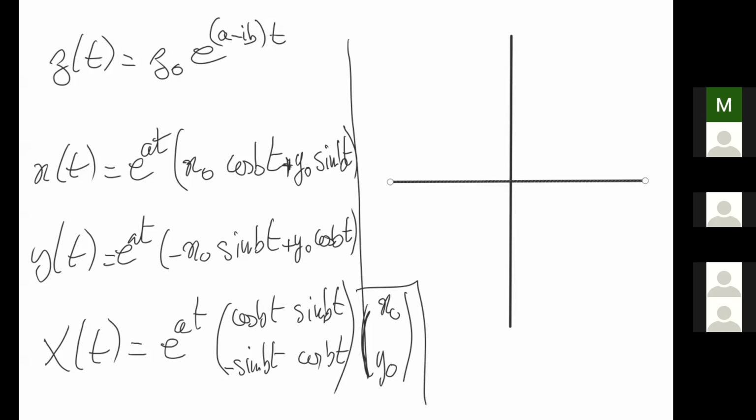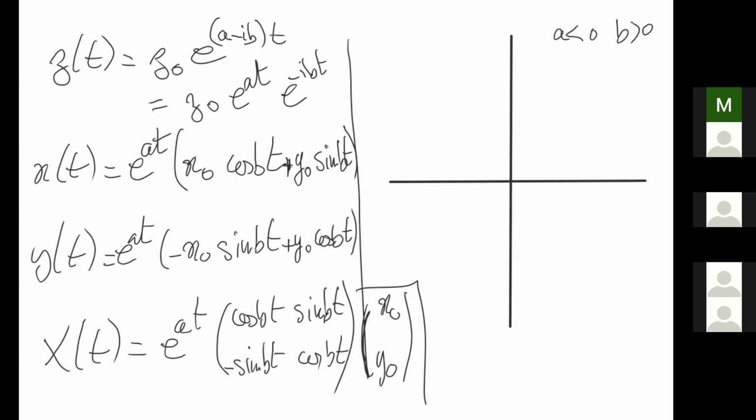For example, I will draw positive a and positive b. So now assume, let's do the case a negative and b positive, for example. The other cases are similar.